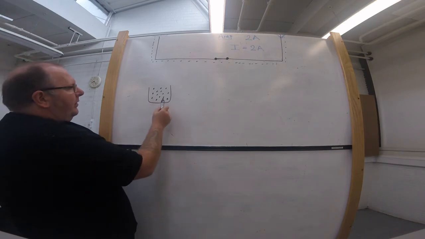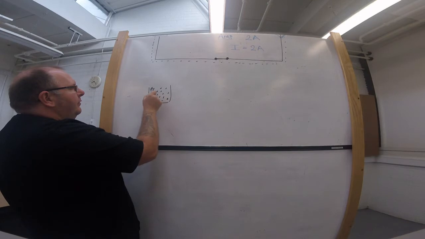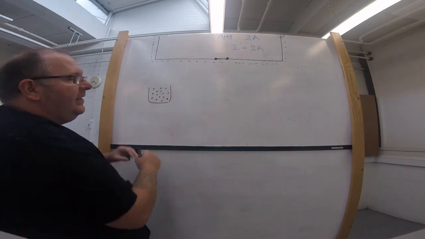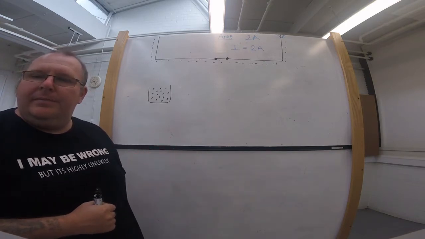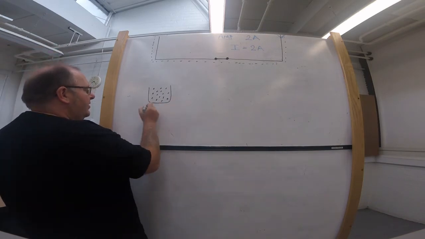So in this jar we have 1, 2, 3, 4, 5, 6, 7, 8, 9, 10, 11, 12, 13, 14, 15 electrons. I could say that I have a small packet of charge there. Some charge, we'll call it.